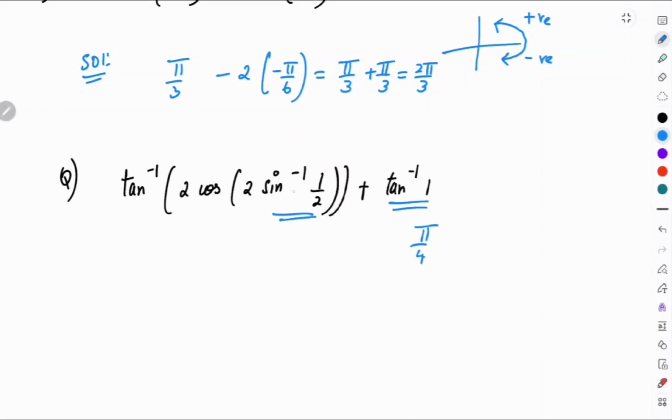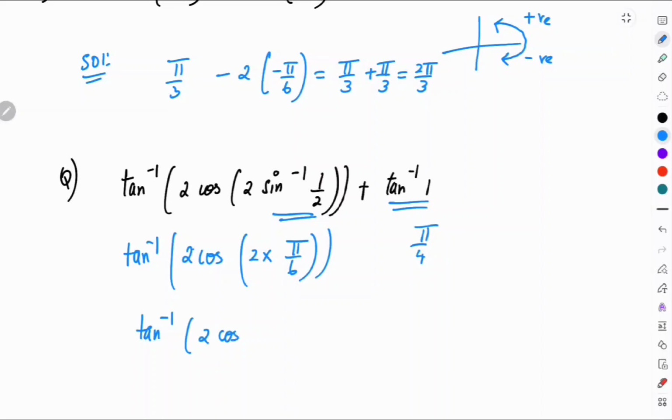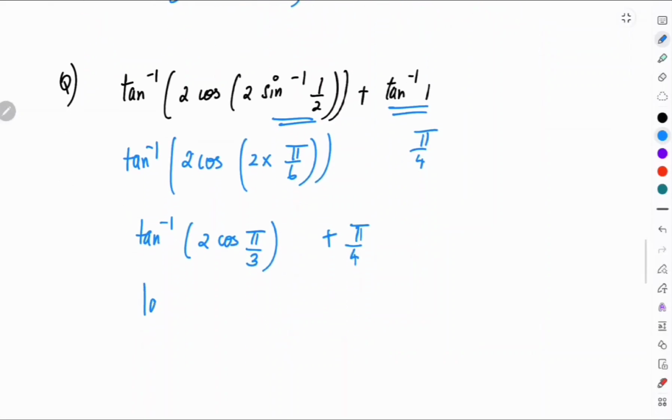Now let us solve this part. sin⁻¹(1/2) is π/6, into 2, and the rest of the things I am writing as it is. So now tan⁻¹ of 2 cos(π/3) + π/4. And what is cos(π/3)? It is nothing but 1/2, plus π/4. So now you get π/4 + π/4, that's nothing but π/2.